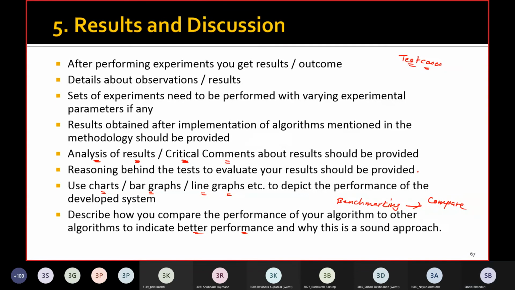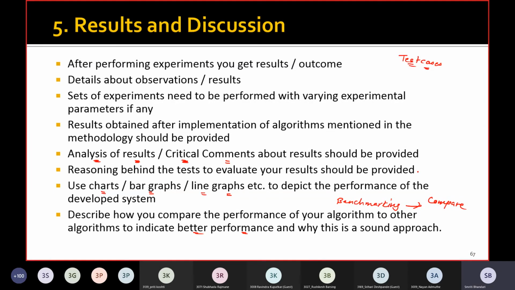Sometimes you may come up with results or performance that is poorer than the work that was reported earlier. No worries here also. Even though the performance is not up to the mark, if you have got the insight into what is wrong in the design, then that will also count.